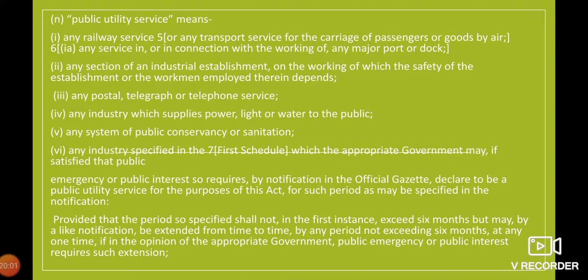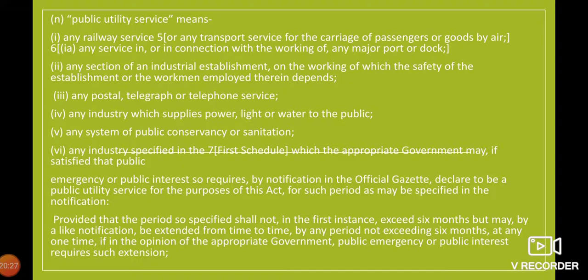Let's move further. Any section of any industrial establishment on the working of which the safety of the establishment or the workmen employed therein depends, right? That will also be called a public utility service.